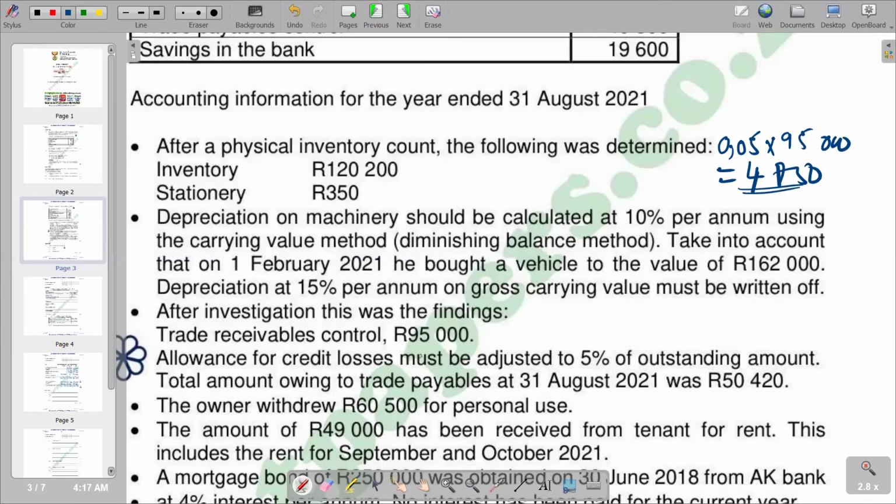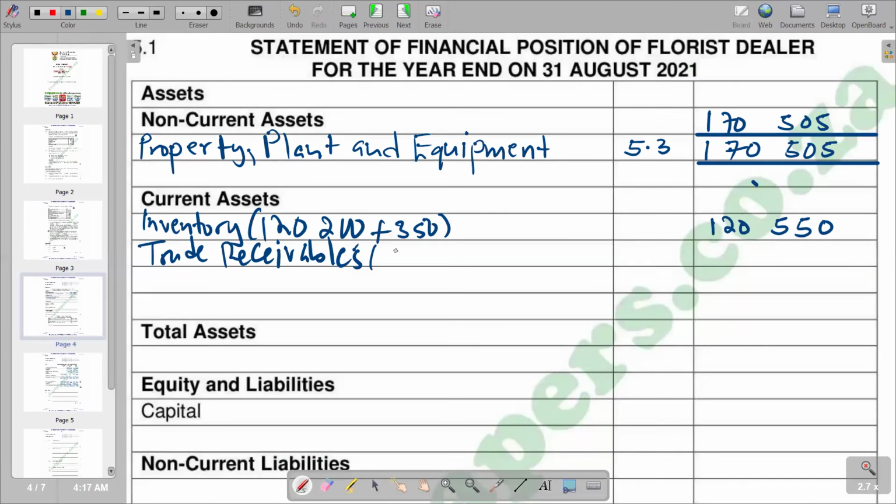So you can subtract it from 95,000 to get the net figure. So we say 95,000 minus 4,750. So we get the net figure, which is going to be 90,250.